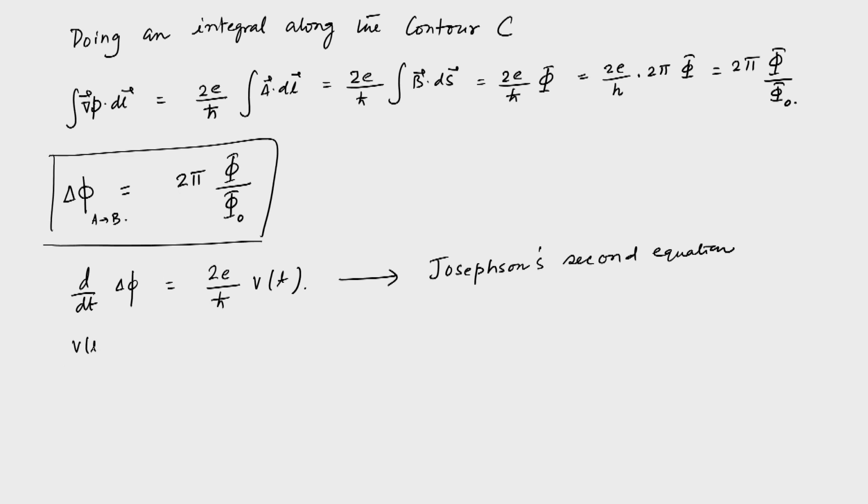Where V of t is nothing but the EMF developed or the voltage drop across the junction between A and B.